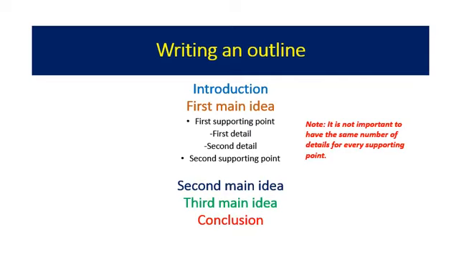So it's not necessary to have the same number of details for every supporting point in a paragraph. Also, you may follow the same process with the following paragraph as well. I gave an example for your first main idea, and the same process you can follow in your second main idea and third main idea.